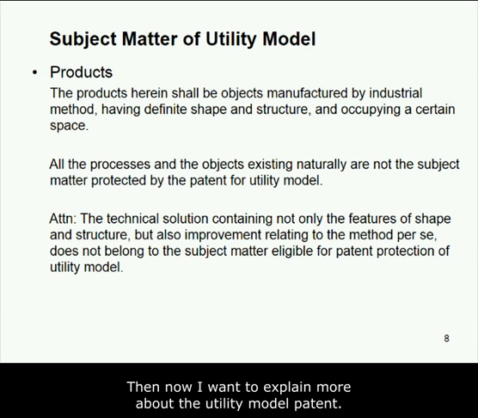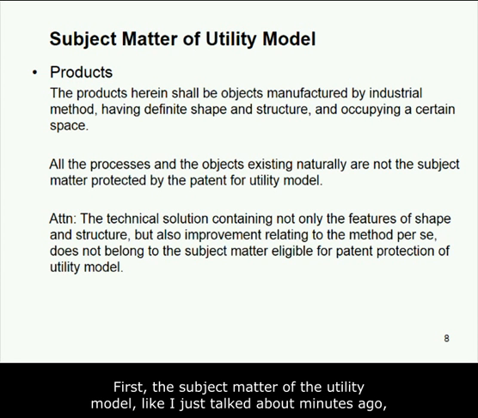Right now, I want to explain more about utility model patents. First, the subject matter of utility model.